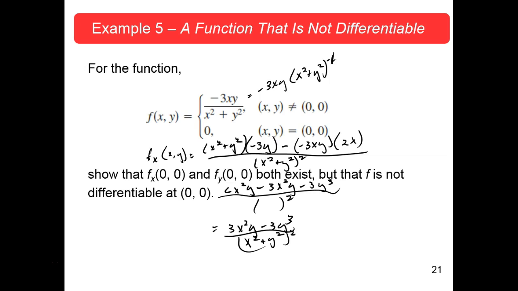Okay, and then he says it further down. The solution says you can show that f is not differentiable at 0, 0 by showing blah, blah. So the limit of that does not exist.